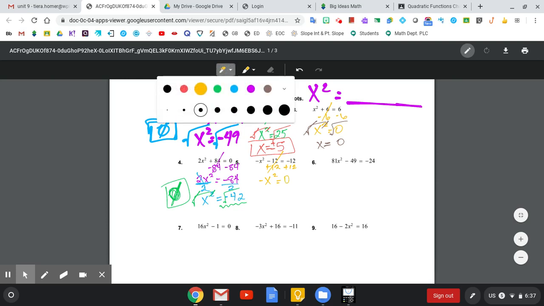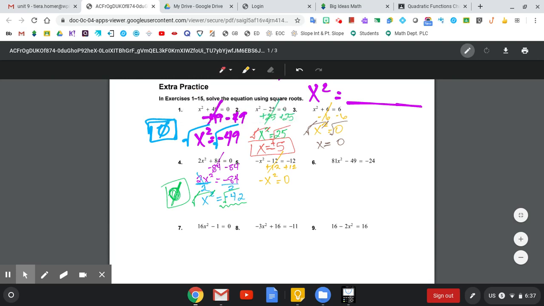And then I have a lot of students who are going to want to take the square root right here, but we have this negative in front of the x squared. What number is really there? A negative 1, that's right. So just like over on number 4, when you had that 2x squared, what did we do to that 2 to get rid of it? We divided. Same thing here. We're going to divide by this negative 1 because we don't want anything with our x, okay?